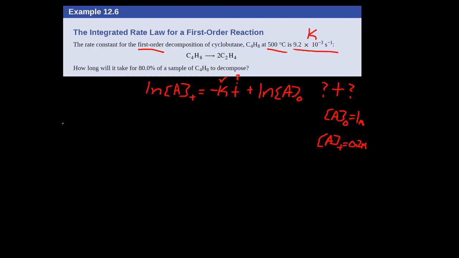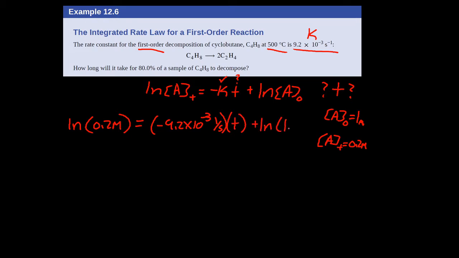If we go ahead and plug in what we know, we're going to have the natural log of 0.2 is equal to negative 9.2 times 10 to the negative third per second times t plus the natural log of 1. Okay, so we have some math to do here.